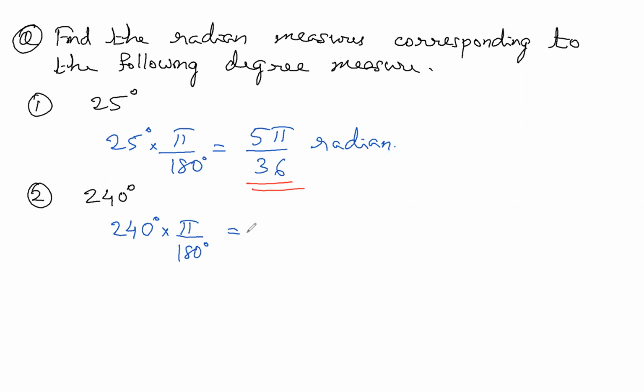This also we can cancel out. 0 and 0, then 24 and 180. So how much is the answer? Some students got the answer: 4 pi by 3 radian. 8 pi by 6 means 4 pi by 3. 4 pi by 3 radian.